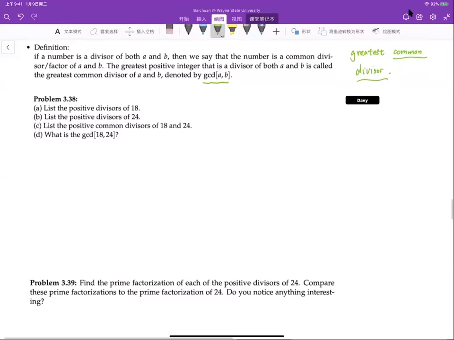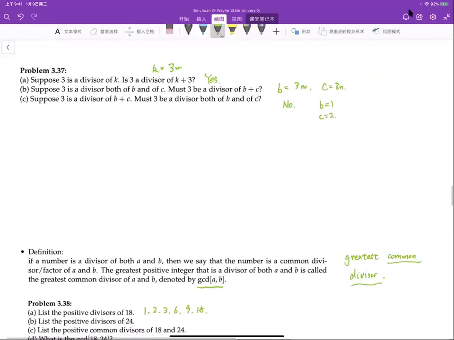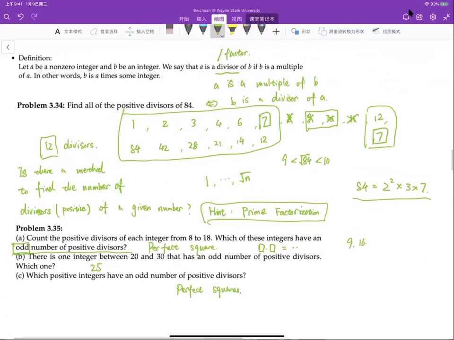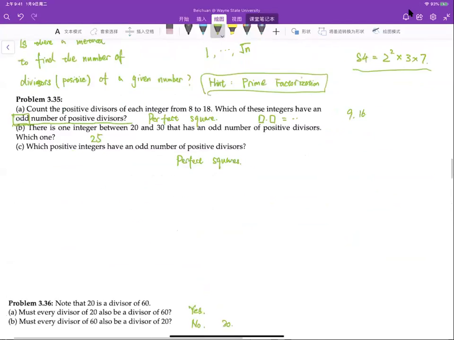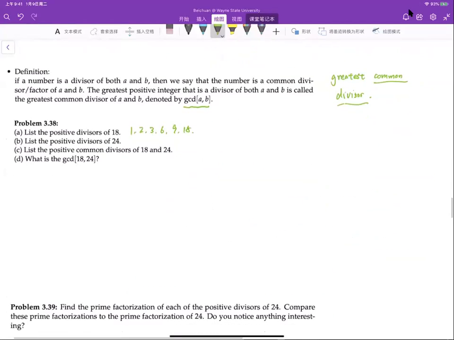List the positive divisors of 18. Basically, that's pretty easy. They are 1, 2, 3, 4 is not, 5 is not, 6, then 9, then 18. You can just do what we did in 3.34, so you can do that pair by pair.